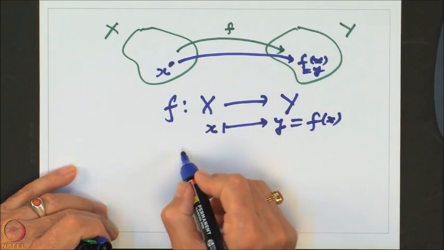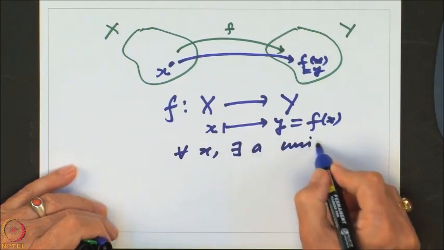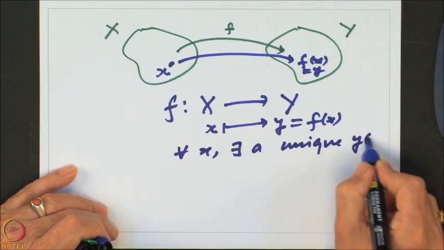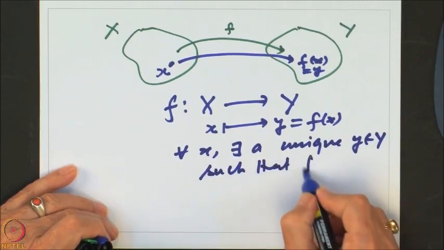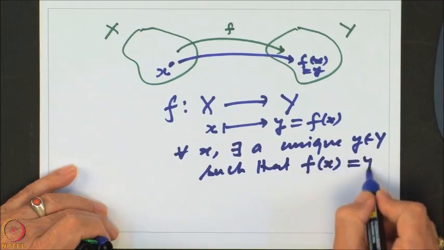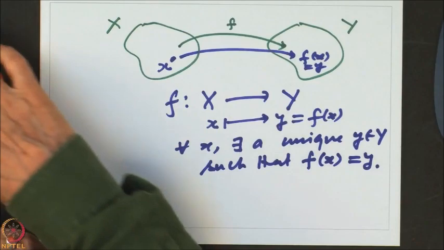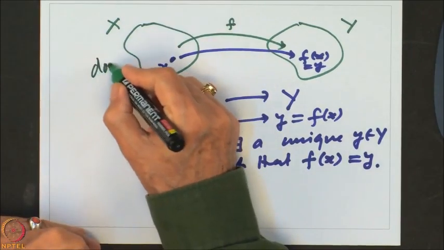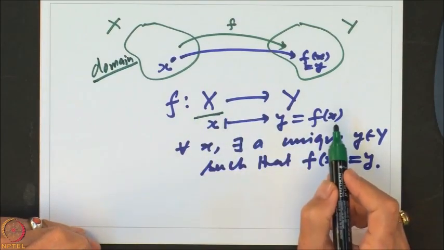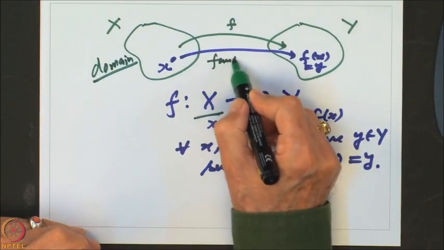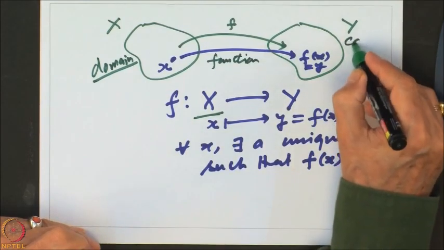So, for every x there exists a unique y belonging to Y such that f of x is equal to y. So, this X which is on this side is called the domain of this function and Y is called the codomain.